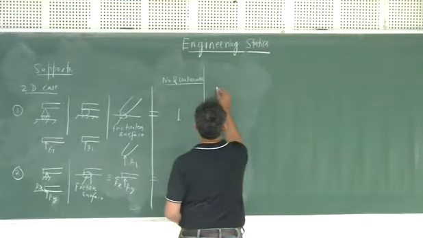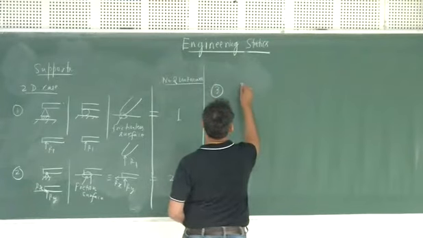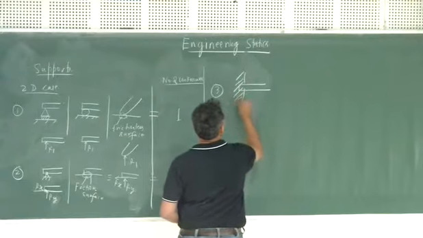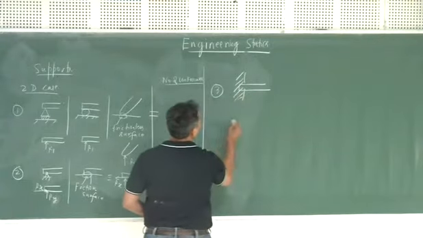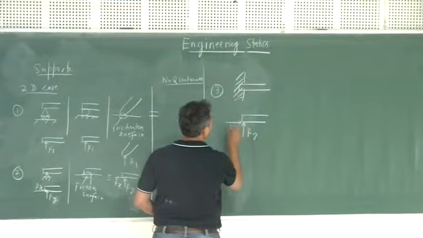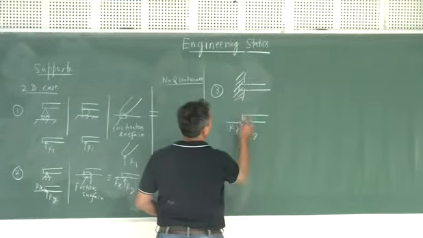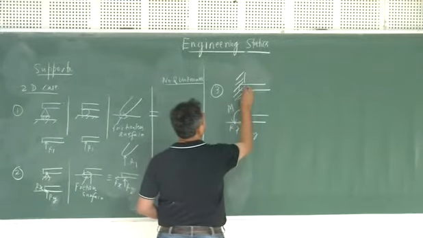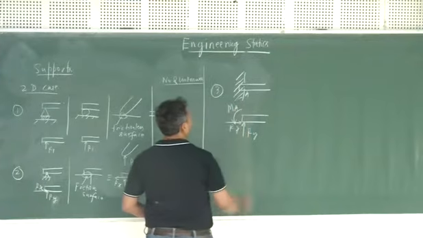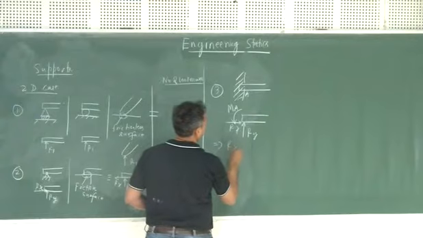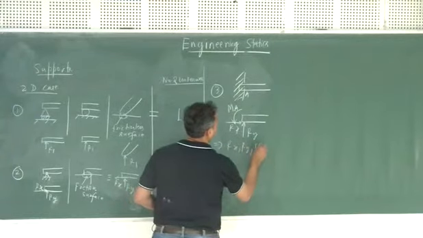And if you consider the kind of support which completely fixes the body, and you draw the FBD of this particular system, one is Ry, another is Rx, and you will see that there is also another component, a moment at point A. There are three unknowns, which are Rx, Ry, and the moment.